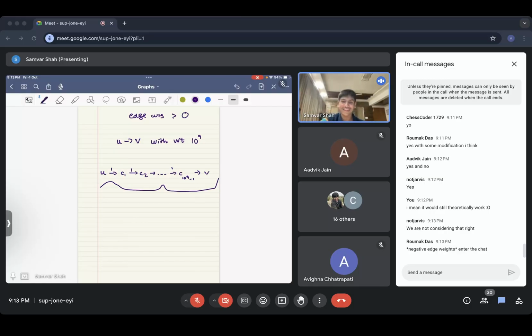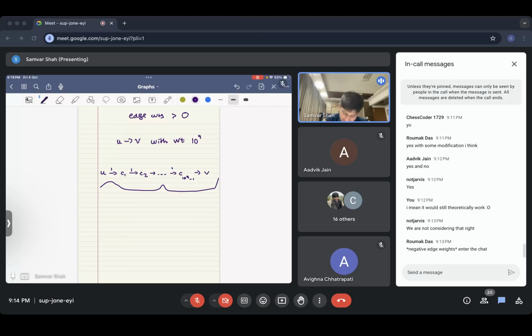We will get to negative edge weights, maybe not this lecture, maybe this lecture. Let's see, I might do a small thing with negative edge weights, but otherwise negative edge weights will come later on. So edge weights are greater than 0. But this is why I find graphs so nice. There are all these small edge cases which can completely change a problem, because as he's saying, if you have negative edge weights, you can divide this infinitely long.